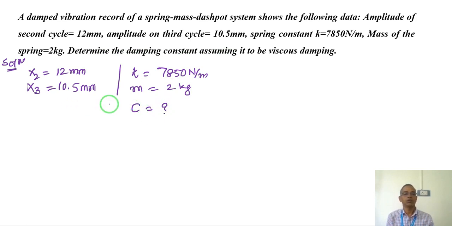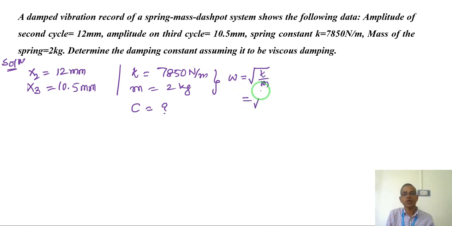Okay. Now, from the K and M, we can get only the frequency omega, the undamped frequency, which is the square root of K by M. And for frequency to be in radian per second, I must have K in Newton per meter only. If it is in Newton per centimeter or Newton per millimeter, I should change it.